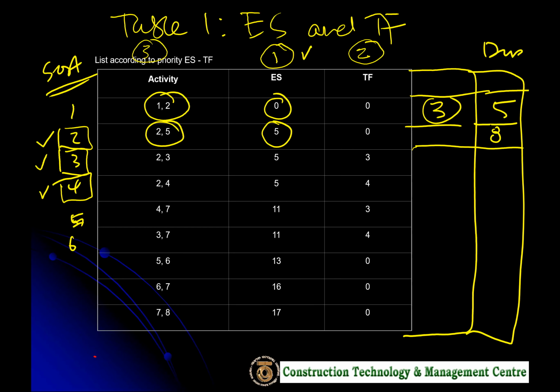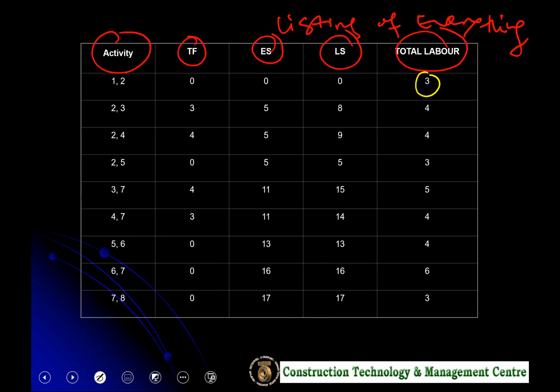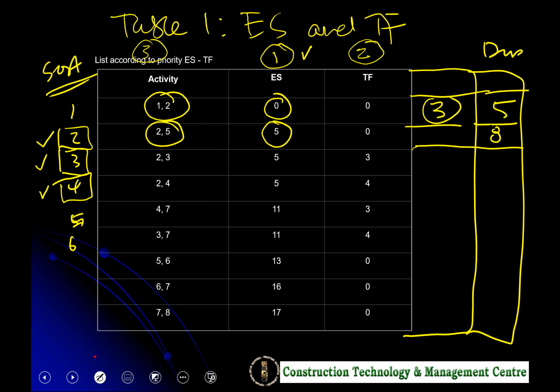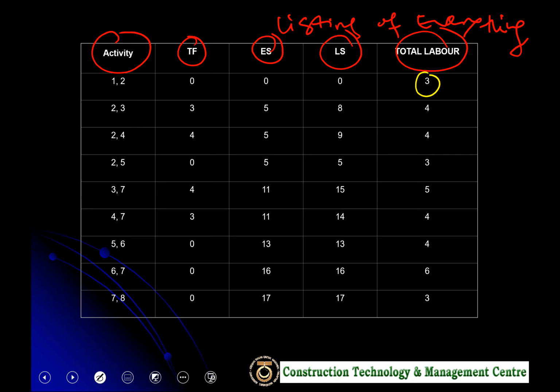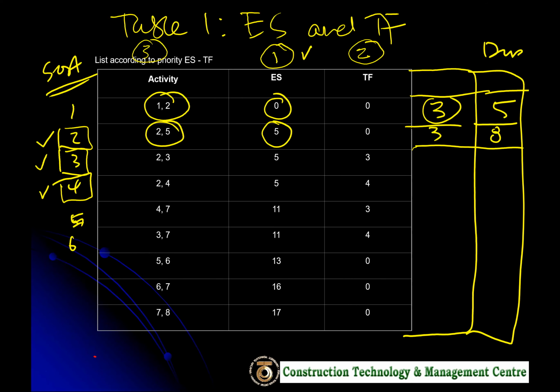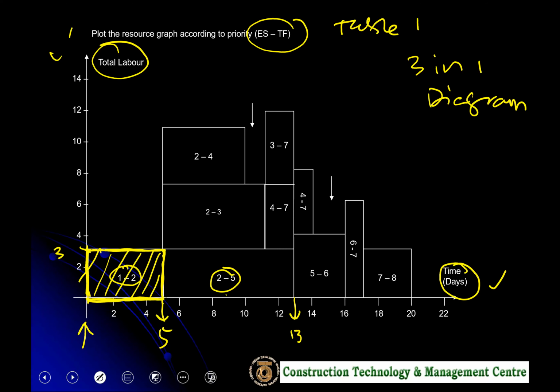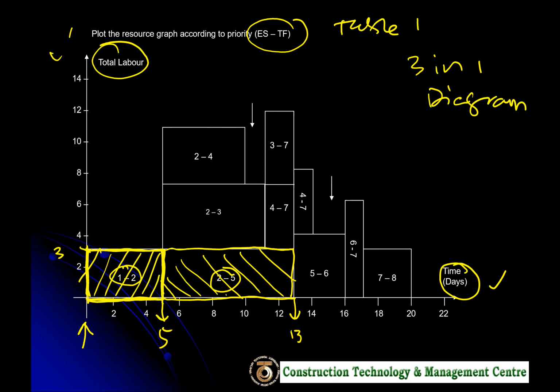You can check the duration. The number of workers for 2.5 will be 3. So you draw another line in terms of timing, 8 days, and then also 3. Now this block is occupied by activity 2.5.